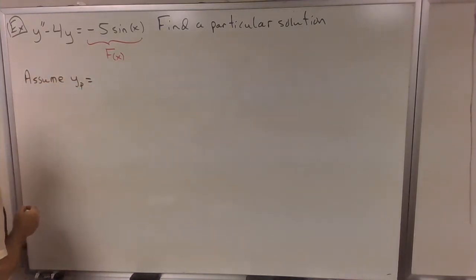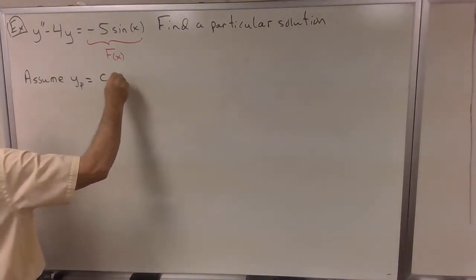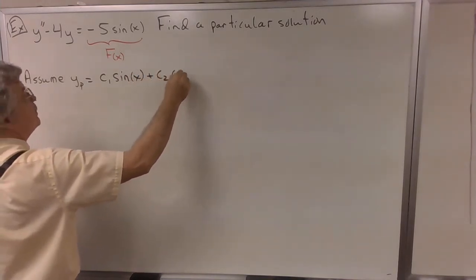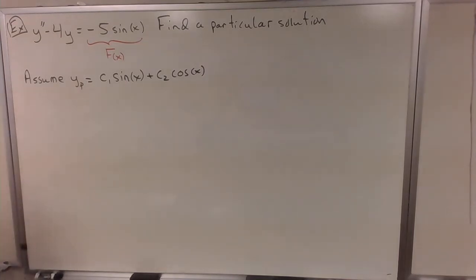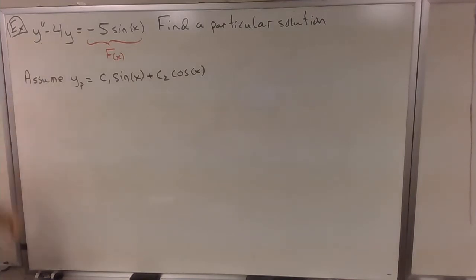I'm going to assume my particular solution is c1 sine of x plus c2 cosine of x. And this is a second degree or a second order differential equation. So I need to compute y prime and y double prime.